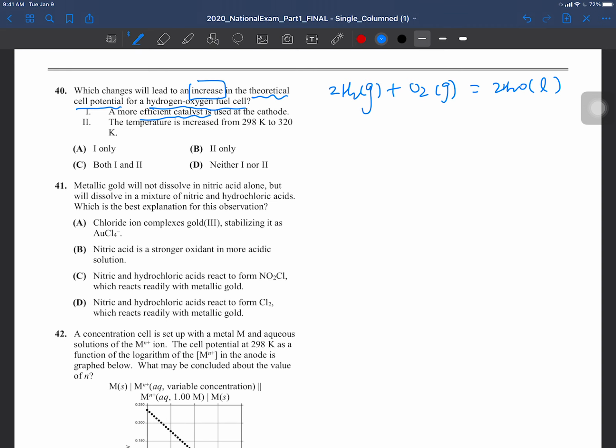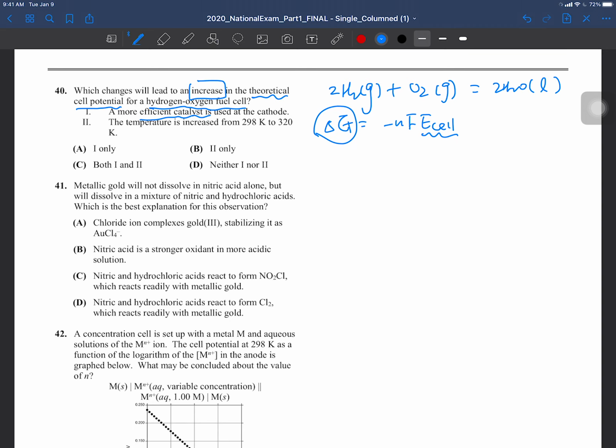A more efficient catalyst is used on the cathode. Think about it. Catalyst will speed up the reaction, but it will not change the delta H, the delta S, the delta G, right? And we know the cell potential is determined by the delta G, right? So if the delta G is not changed, the cell potential will not be changed.